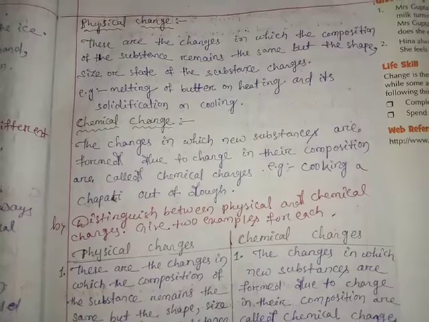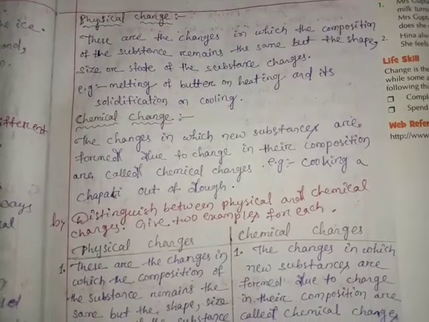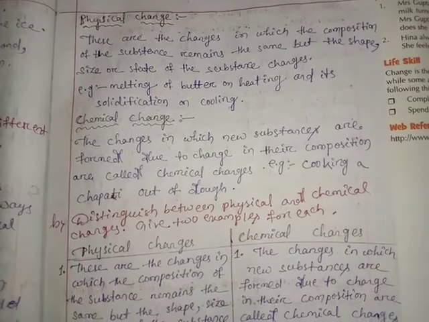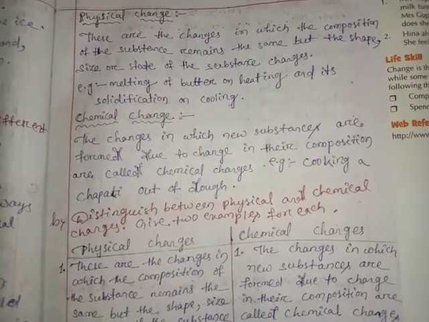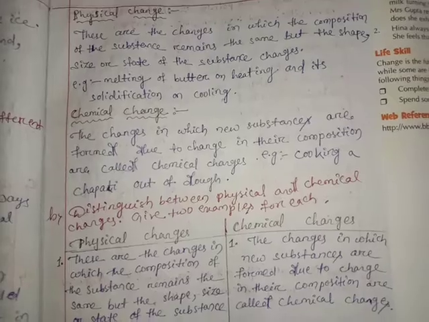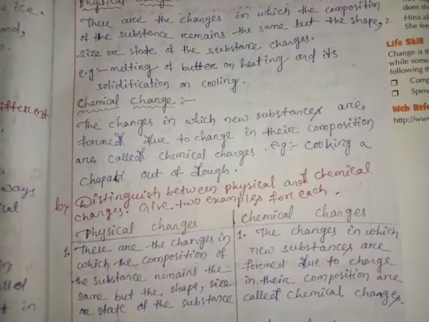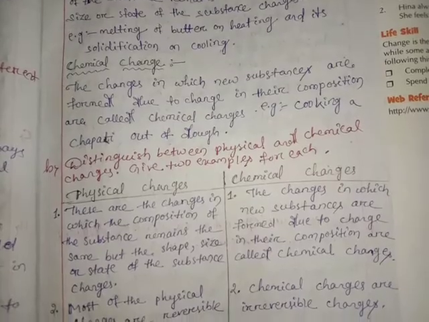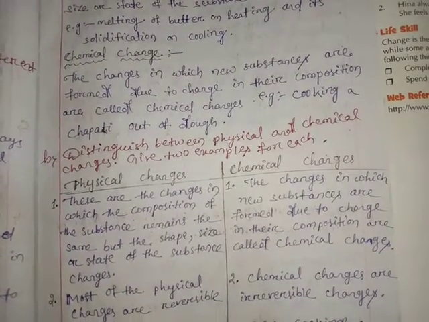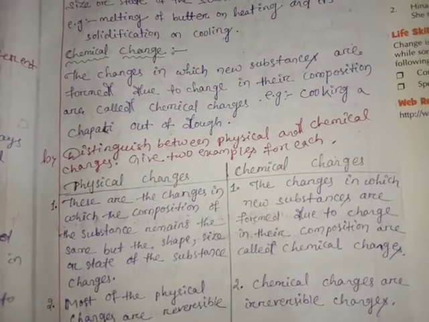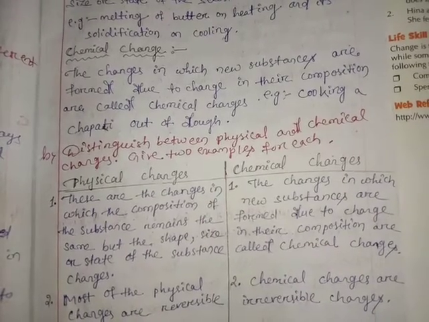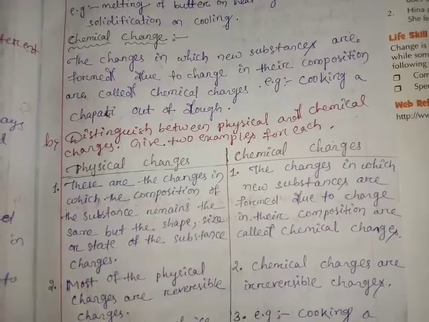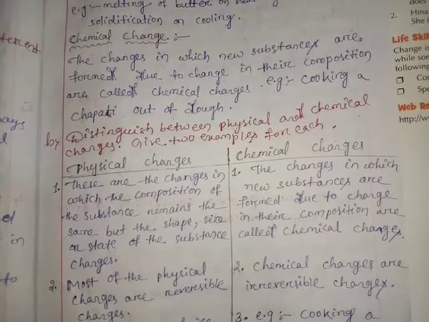Then physical change. These are the changes in which the composition of the substance remains the same but the shape, size or state of the substance changes. For example, melting of butter on heating and its solidification on cooling. Then chemical change. The changes in which new substances are formed due to change in their compositions are called chemical changes. For example, cooking a chapati out of dough.